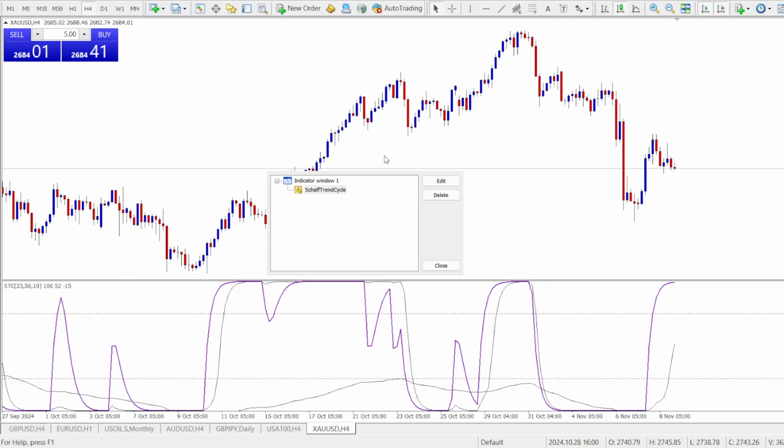So if you are an intraday trader, you might want to consider reducing the MA short value to 15, and then for the MA long, you can bring the MA long value down to 30.